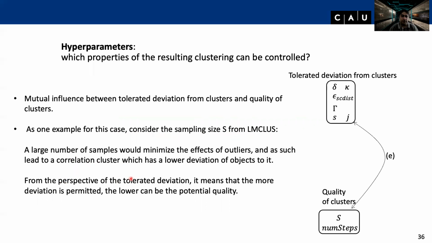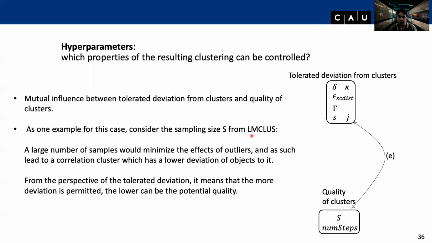And from the perspective of the tolerated deviation, it means that the more deviation is permitted, the lower can be the potential quality and the lower can be the chosen sampling size S. So if you say you want to have high quality, you want to have a lot of computation steps, or you want to have a lot of samples S, then this will mean that you have lower tolerated deviation because you're sampling more.